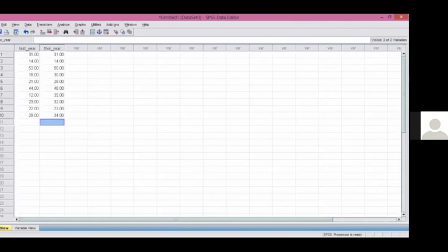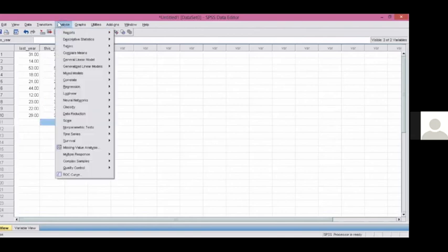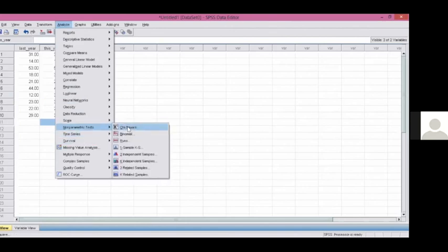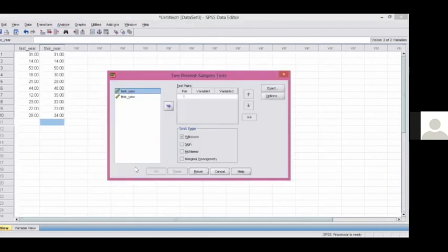After that, we have to analyze the data. For the analysis, we go to Analyze, then Nonparametric Tests, and then Two Related Samples, last year and present year.